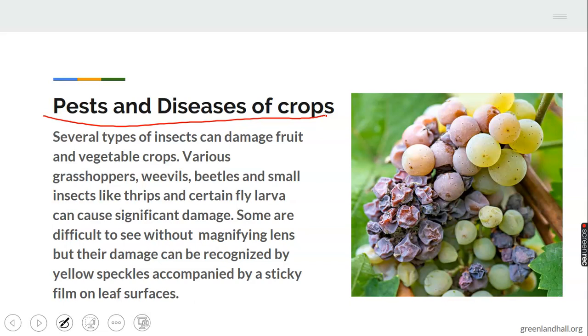Some of them you cannot even see with your physical eyes except with a magnifying lens. Even though we cannot see the insect that does this damage, the effect of what they do is easily seen. Everybody sees the damage that has been caused, even though we cannot see some of these insects sometimes.